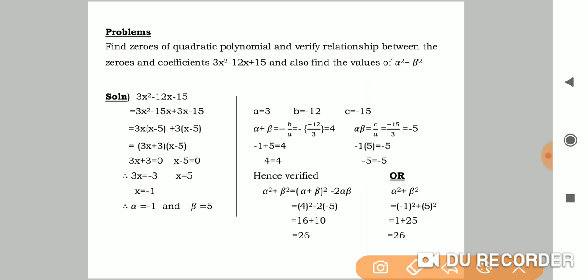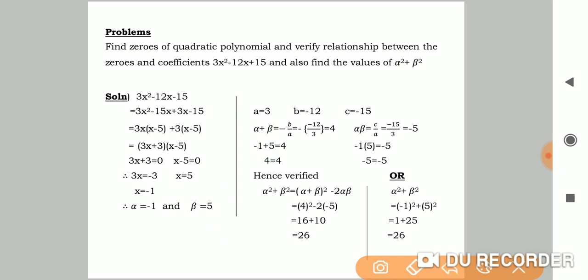Then verifying the relations of coefficients and zeros, as we have learned earlier, alpha plus beta is equal to minus b by a. So here alpha is minus 1, from here we have got, and beta is 5, we have got from this part.